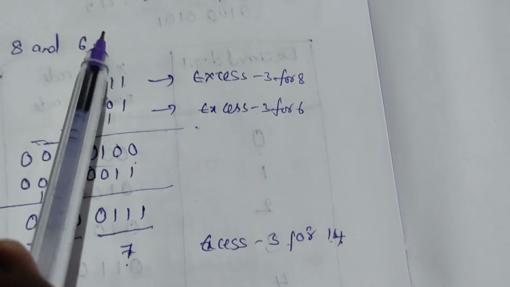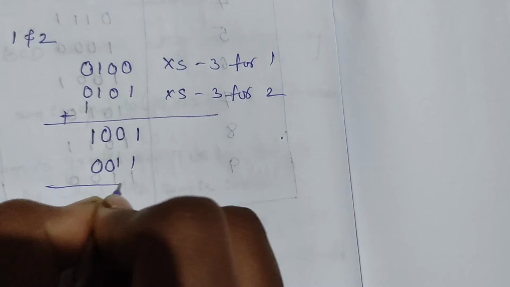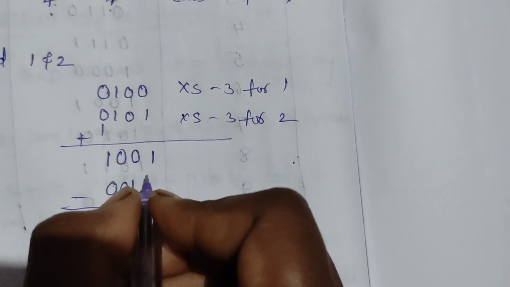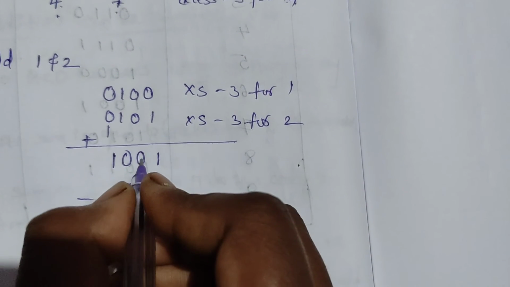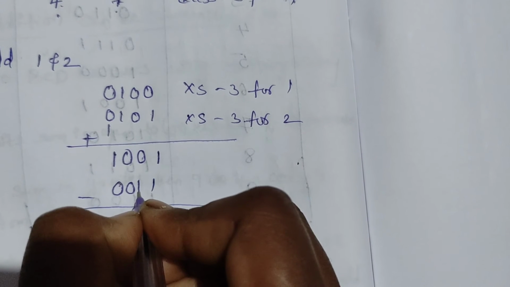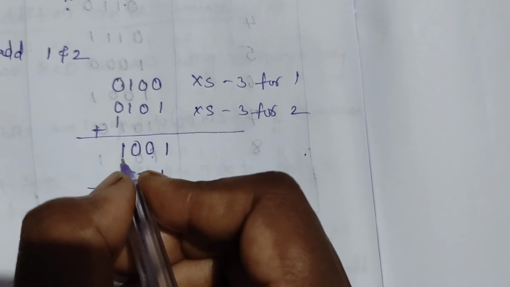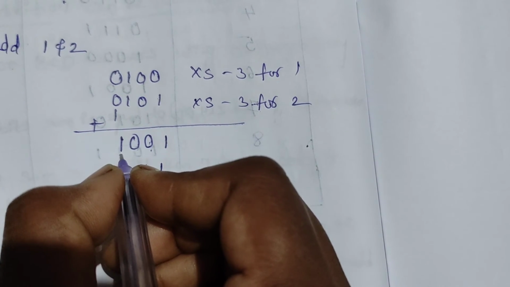So what we need to do? We need to subtract 3 from this obtained result. So performing subtraction: 1 minus 1 is nothing but difference 0. Then 0 minus 1. So we need to subtract a higher value from a lower value, and for that we need to take a borrow. Here there is no borrow, so we need to take from the 4th digit.